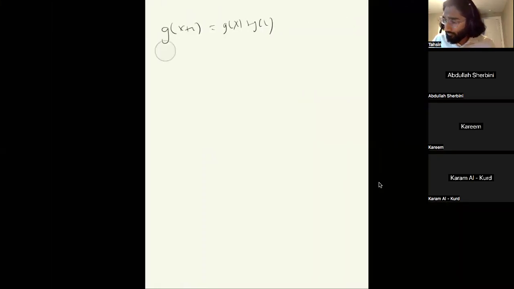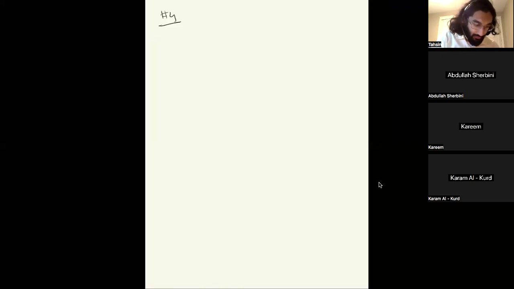So let's look at problem 4. This is number 4, functional equations. So what is the problem? Here our function is from positive rationals to positive rationals.